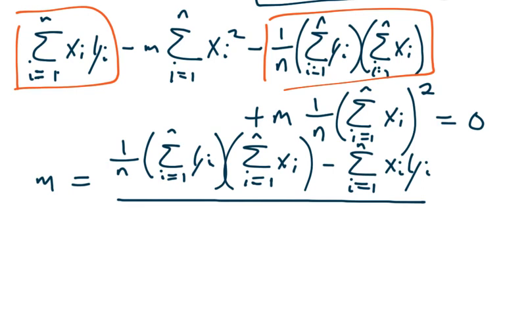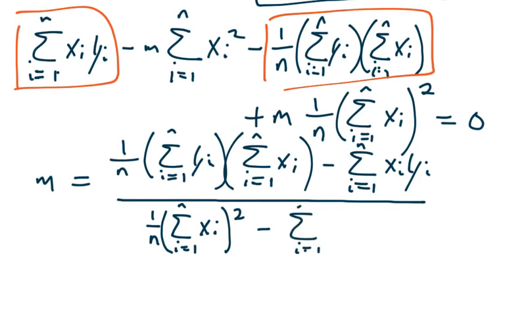So we're going to have 1 over n times the sum squared of the xi's minus the sum of the xi squared.